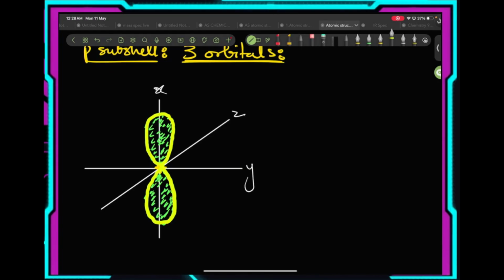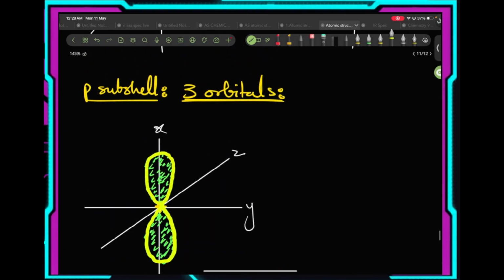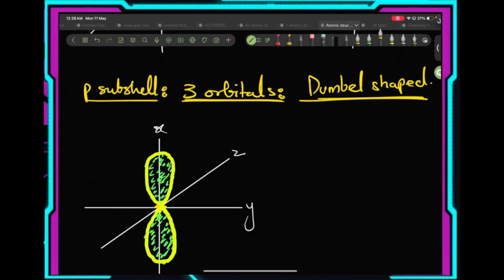It's basically two balloons attached at the tail. Do you go to the gym? Like a dumbbell shape? Yep, it's a dumbbell. So you call this a dumbbell shape. So that's the shape of the p orbital.